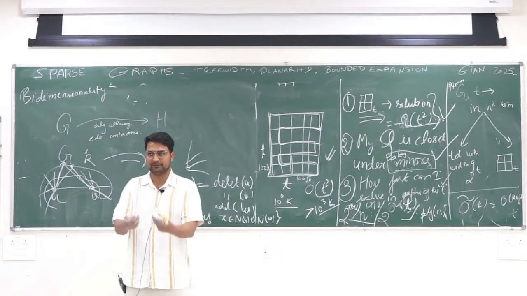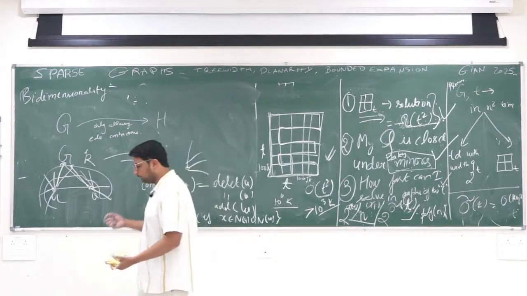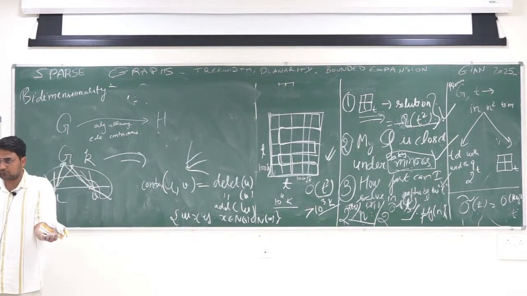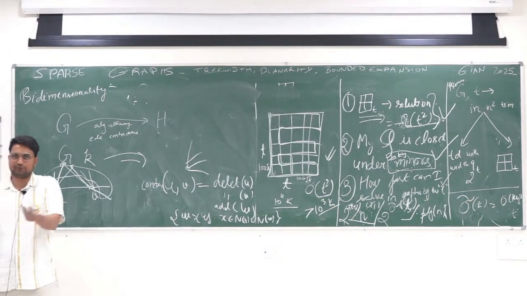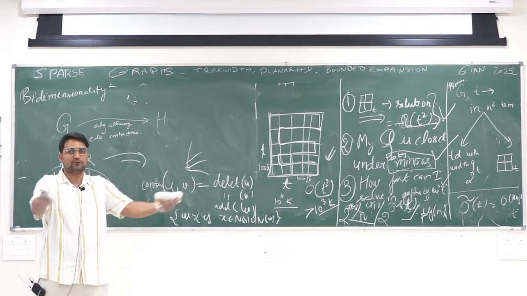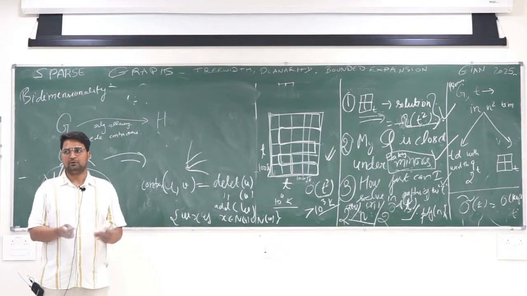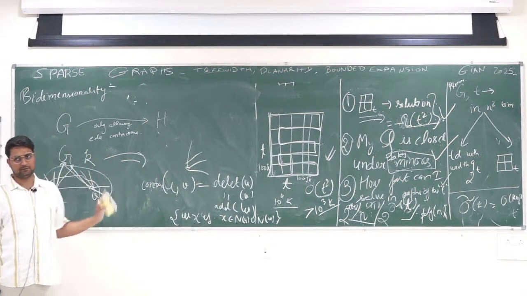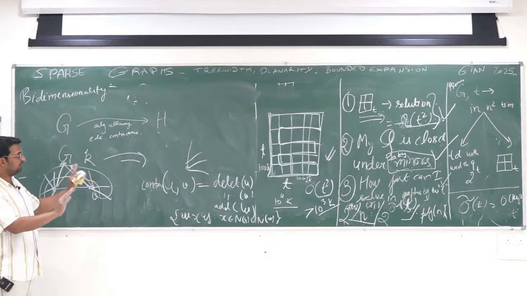So if I keep doing this, whatever my dominating set was, those vertices are contracted to some vertices and they still dominate the whole graph. So this is closed under edge contractions.